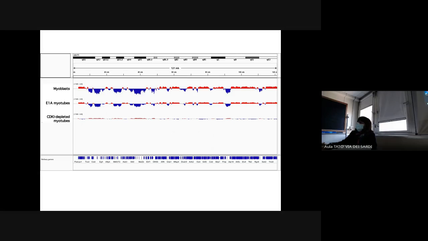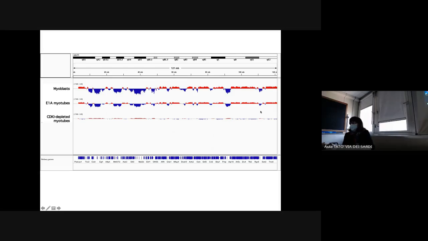So that is extremely interesting in two respects, I find, because on the one hand, it says that the myotubes, even though they are not meant to replicate again, carry with them the information that they had accumulated during myogenic differentiation, and they remember the timing with which the genome replicates.